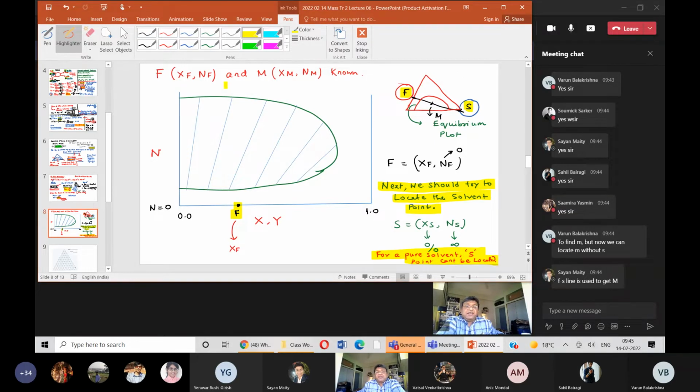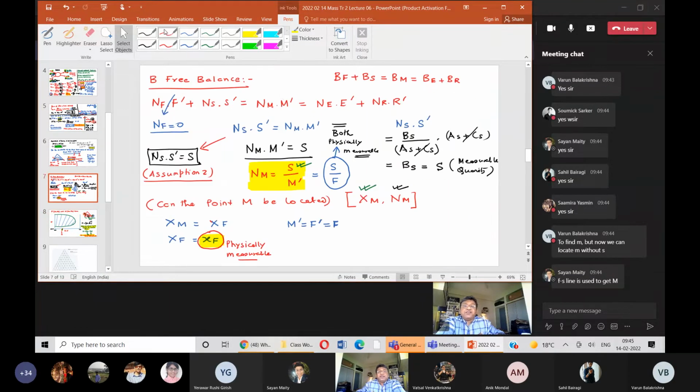But now you see, luckily, point M is known. Right? And where is point M going to lie? So everybody agrees now that even without knowing the point S, we have successfully, with the two assumptions, been able to locate point M, right?